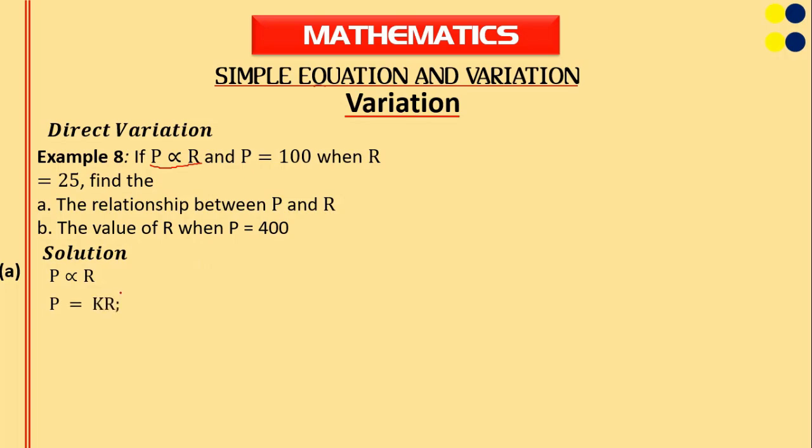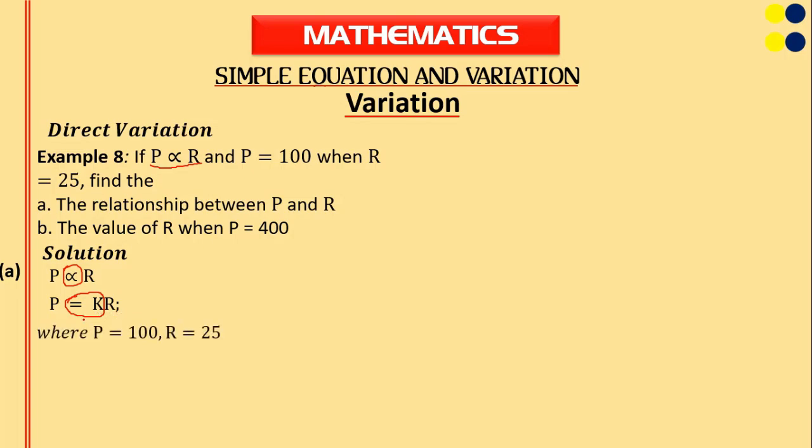It means that it will be P, our variation sign here changes to equals K. Yes, it changes to equals KR. So by definition, this is what this implies. When you want to change from the variation format to equation format, you say P equals KR.